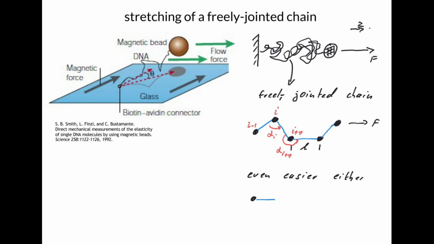Now in this 1D model, if we connect 3 of the nucleotides together, they are either stretched out, so particle 1 goes right to particle 2, goes right to particle 3, or they are non-stretched. That means I have a backbend from particle 1 to 2 to 3.